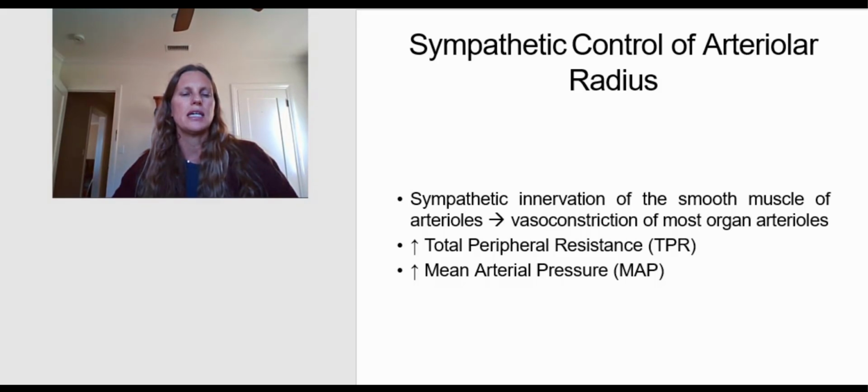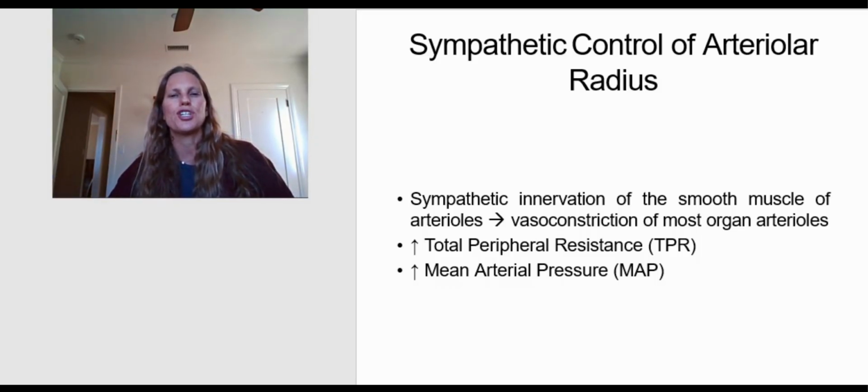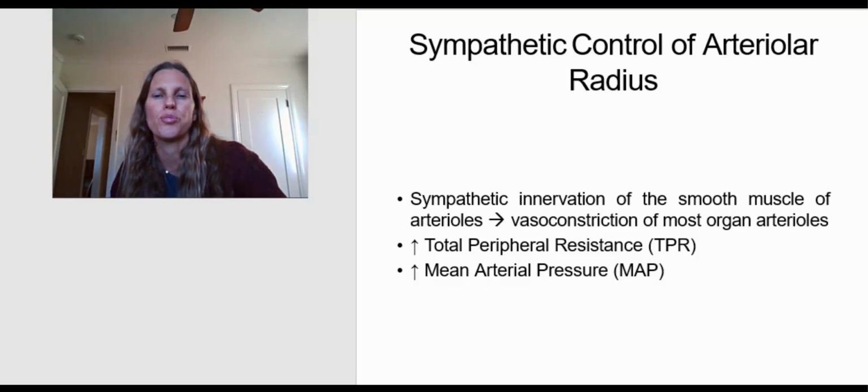And what we see here is a little bit of vasodilation. It's really minor, minimal, and it's so minimal that it really doesn't do much to alter total peripheral resistance. It really doesn't do a lot.